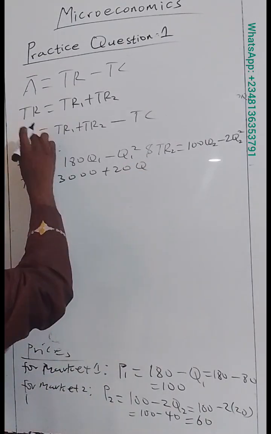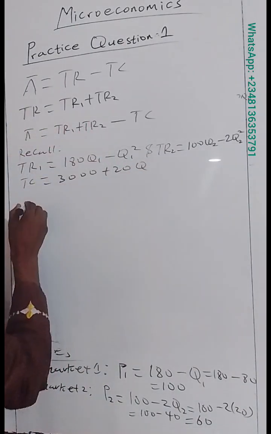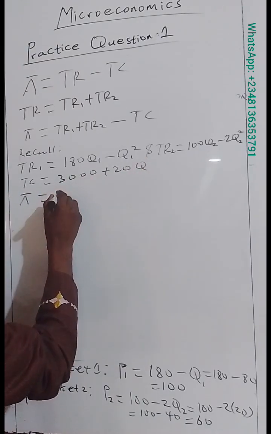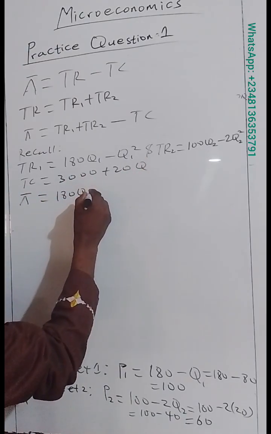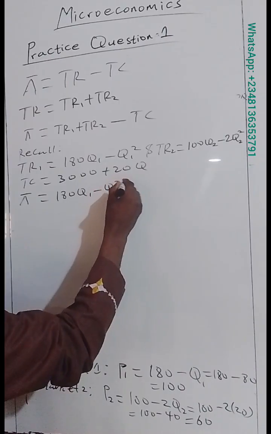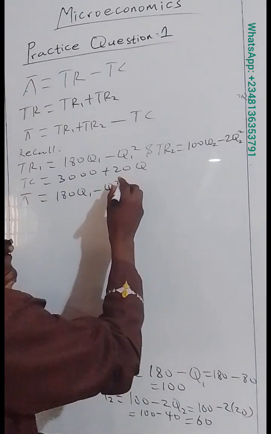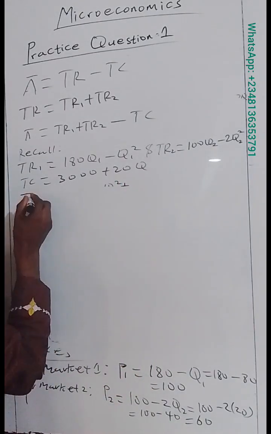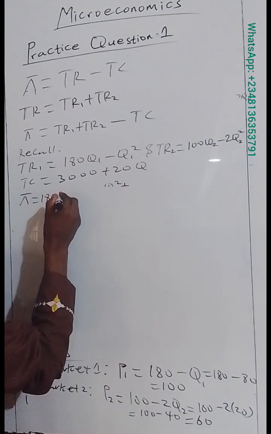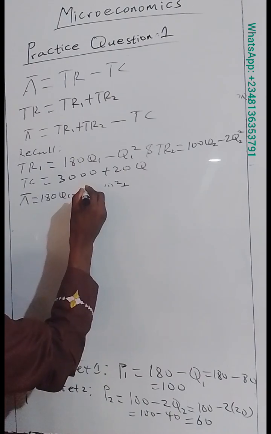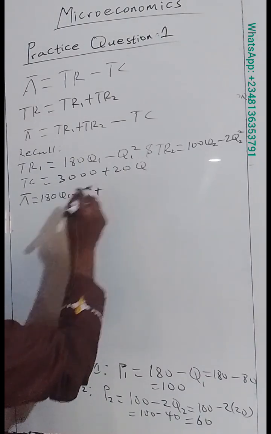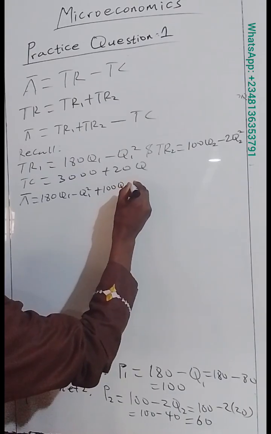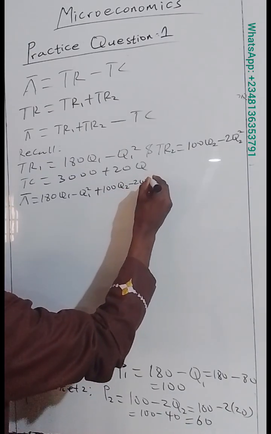Then we go back to this profit function. We have profit equals TR1, that is 180Q1 minus Q1 squared, plus TR2, 100Q2 minus 2Q2 squared.